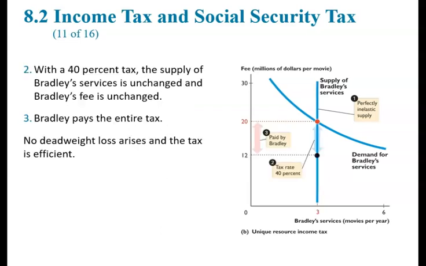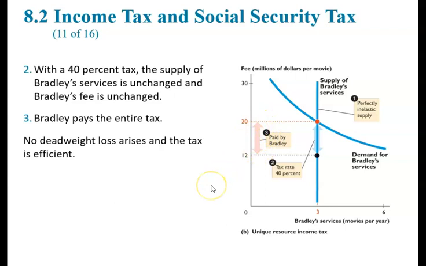If that is the case, and a 40% tax is imposed in this market, because the supply of Bradley Cooper's services is perfectly inelastic, the burden of this tax will purely fall on Bradley Cooper. So the entire burden of the tax will be passed on to Bradley Cooper, as shown by this margin over here.